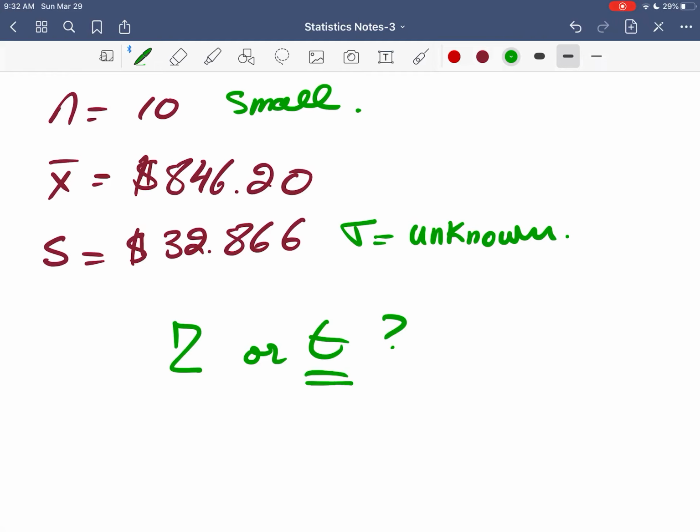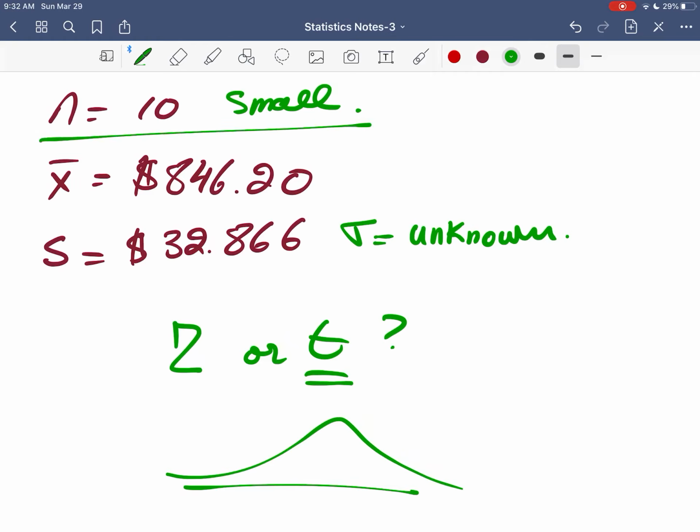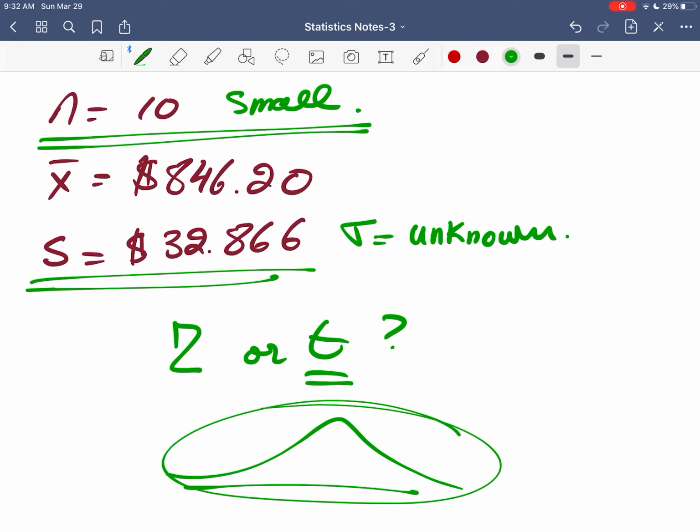The only way you can use T is because we are told that the distribution is normal. If we were not told this, we can't use Z or T. So it's not automatic that just because n is small and we know the sample standard deviation, we automatically use T. There has to be another assumption, which is that the distribution of the values in this particular case is normal.